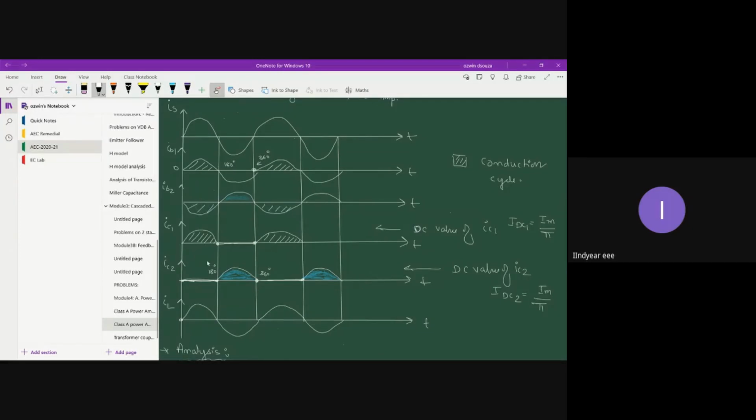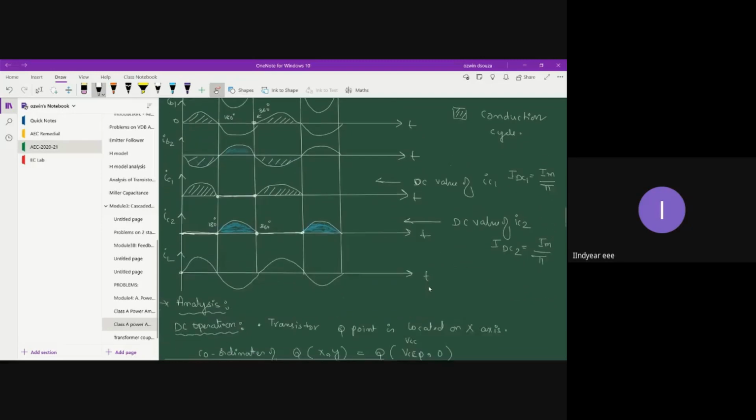Now, in order to write an expression for power, we have to find the power input, that is DC power, and we also need to find the power delivered to the load, which is the AC power. There is a slight problem while finding the DC power.